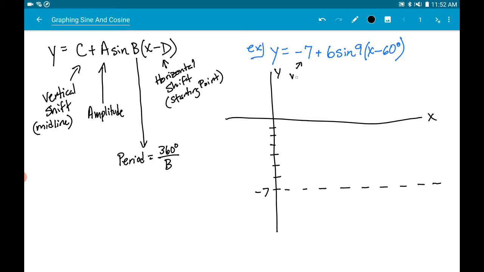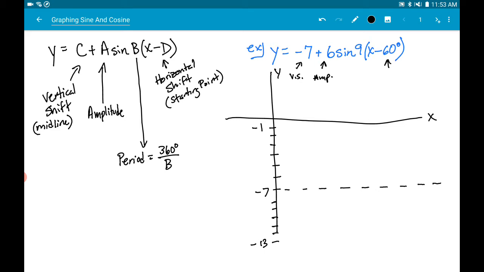Then the second value that I usually graph is the amplitude. If I go 6 units up, and 6 units down, you get the highest point, the maximum, and the lowest point of your graph. It's stretched vertically.